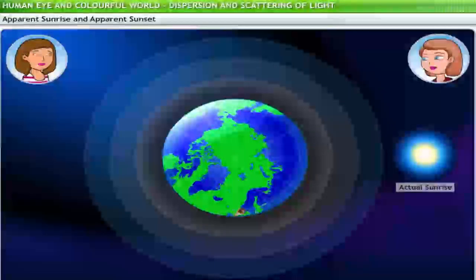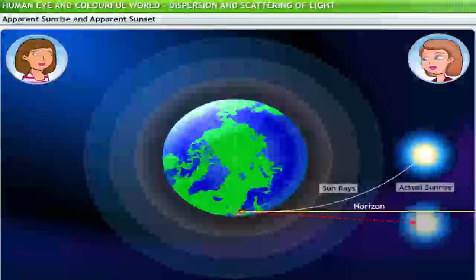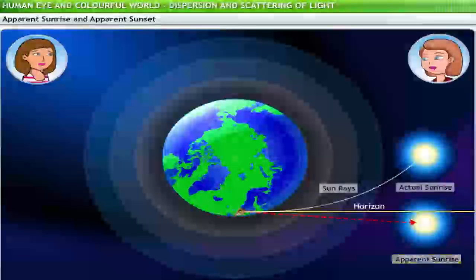When the sun is just below the horizon, its rays enter Earth's atmosphere and are refracted towards the Earth. The refracted rays reach us, making it appear as if the sun has already risen above the horizon. This is the apparent sunrise.